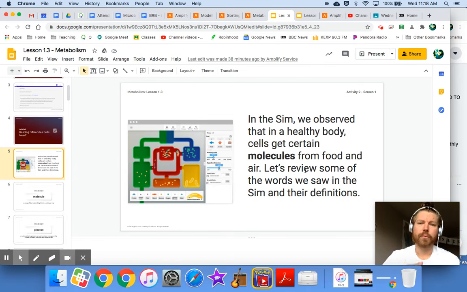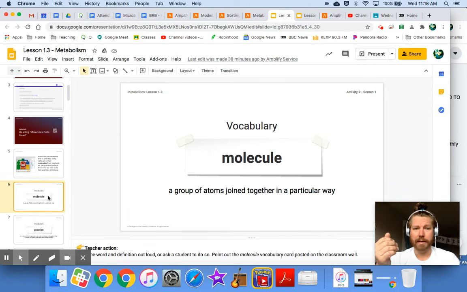Let's review some of the words we saw in the sim and their definitions. First one is molecule. We've been talking about this. A molecule is a group of atoms that are joined together in a particular way. When we did the scale tool, we saw that molecules were incredibly small. When we were talking about microorganisms and microbiomes, we said that molecules are way, way smaller than even cells, okay?